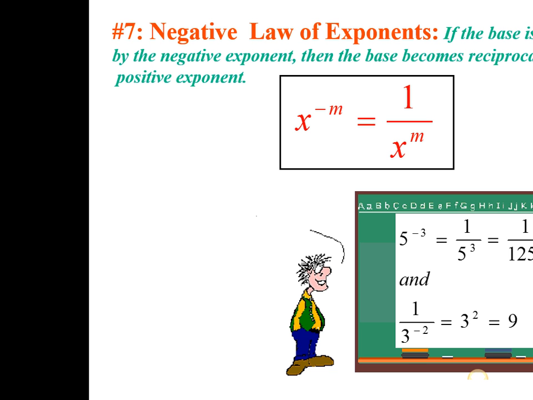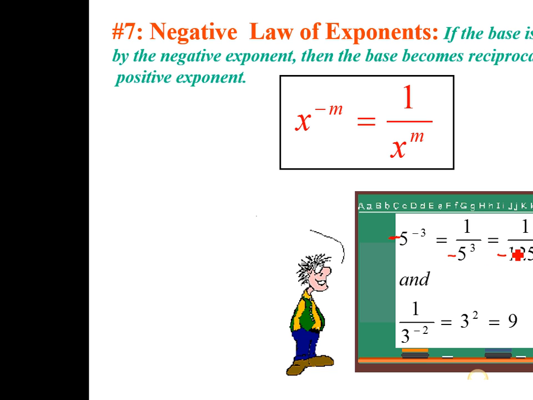If you have a negative exponent in the numerator, put it in the denominator and make the exponent positive. If you have a negative exponent in the denominator, you put it back up into the numerator and make the exponent positive. Now, this is only the exponent. It has nothing to do with if the 5 was negative.